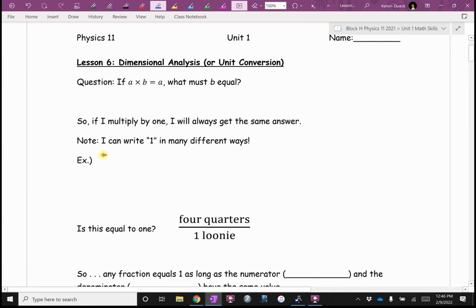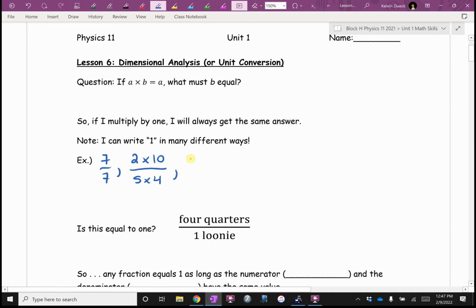Second thing we're going to say, Bryce, is I can write 1 in many different ways. For example, 7 over 7, is that 1? Yes. What about this? 2 times 10 over 5 times 4. Is that 1? Yes, because the top and the bottom are worth the same thing.